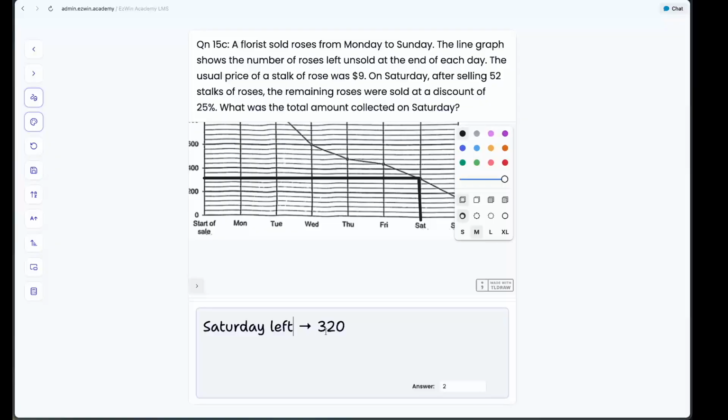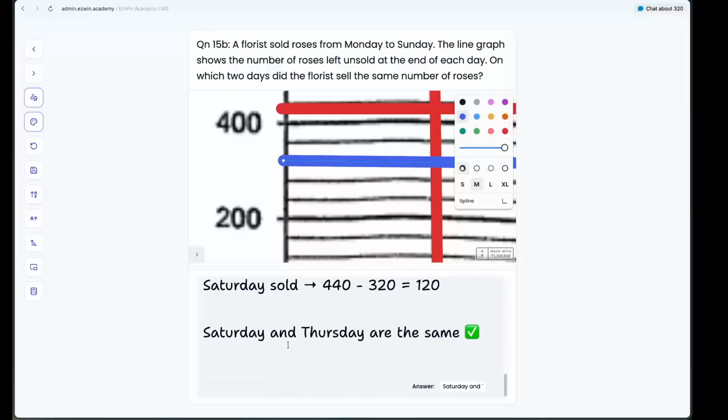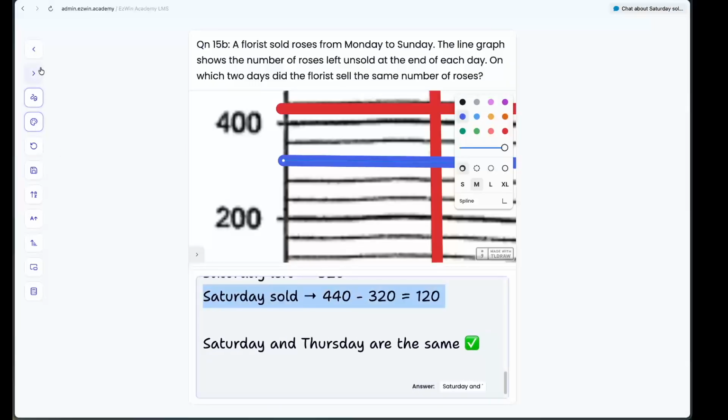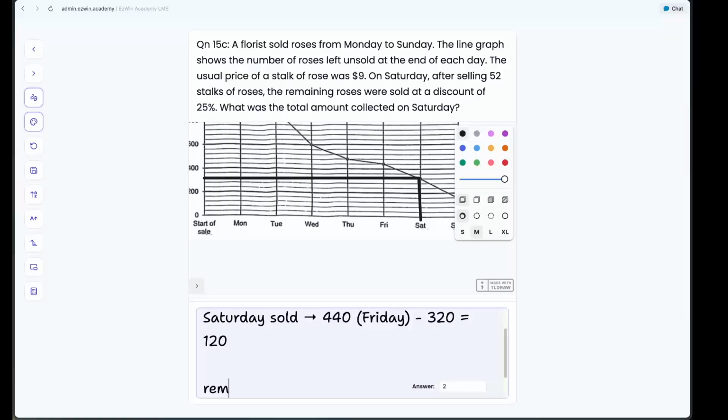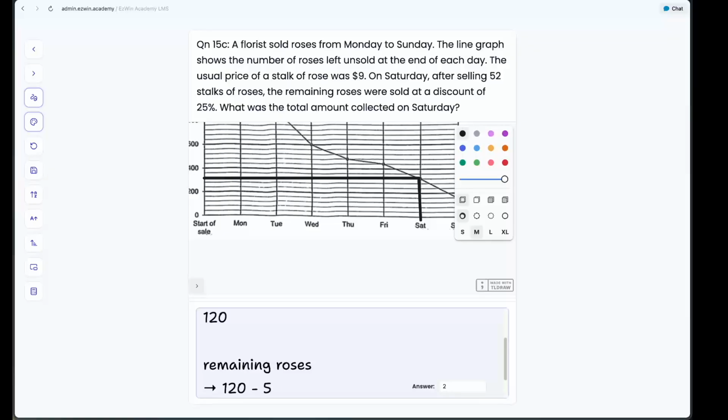Saturday, we know we are left with 320, and from the previous question Saturday sold is 440 minus 320, which is Friday over here. So we sold a total of 120. The remaining roses is 120 minus 52, and this will give us 68.